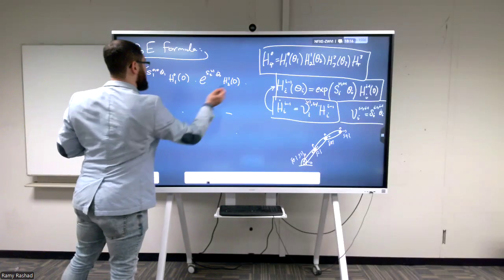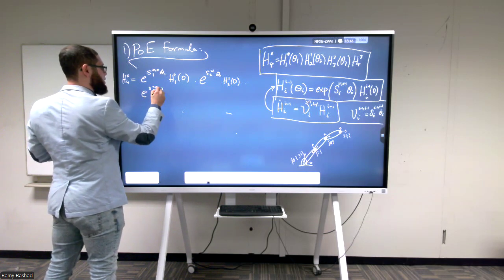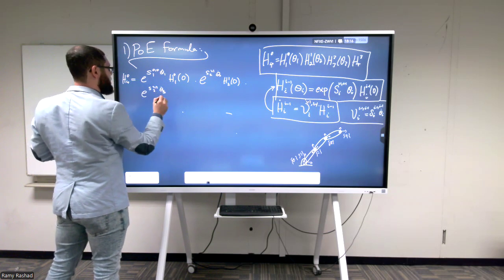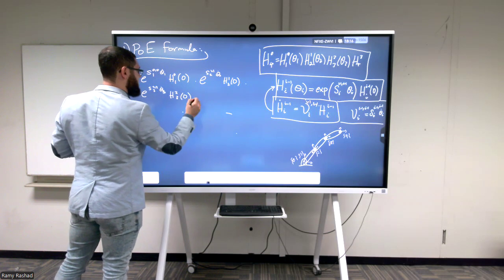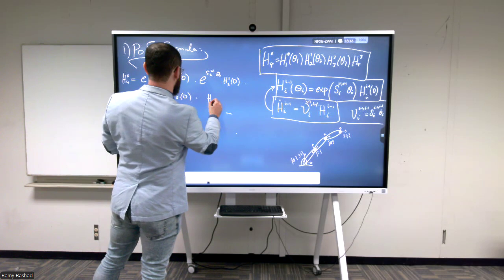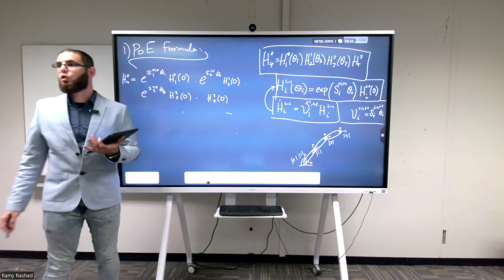And then this is multiplied by E S 3, 2, 2, theta 3 dot, H 3, 2, 0 of theta 3, multiplied in the end by H 4, 3, 0, because it's just a constant.